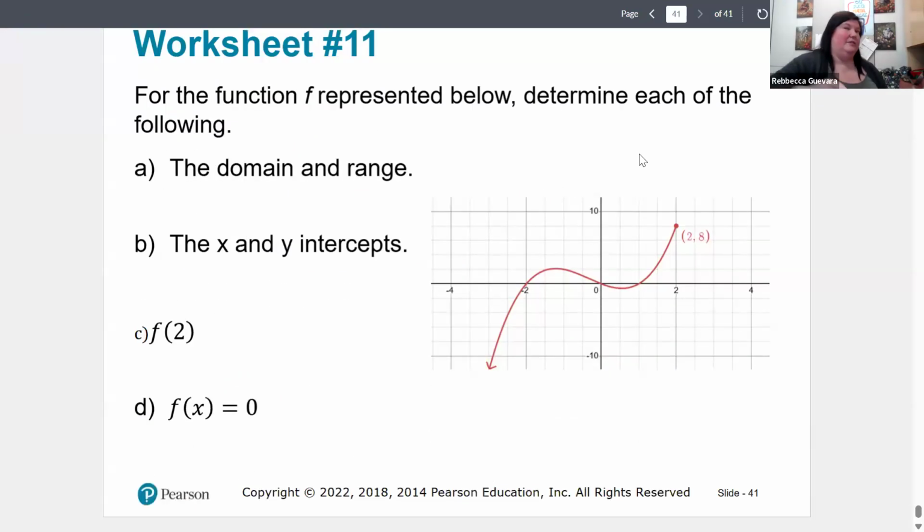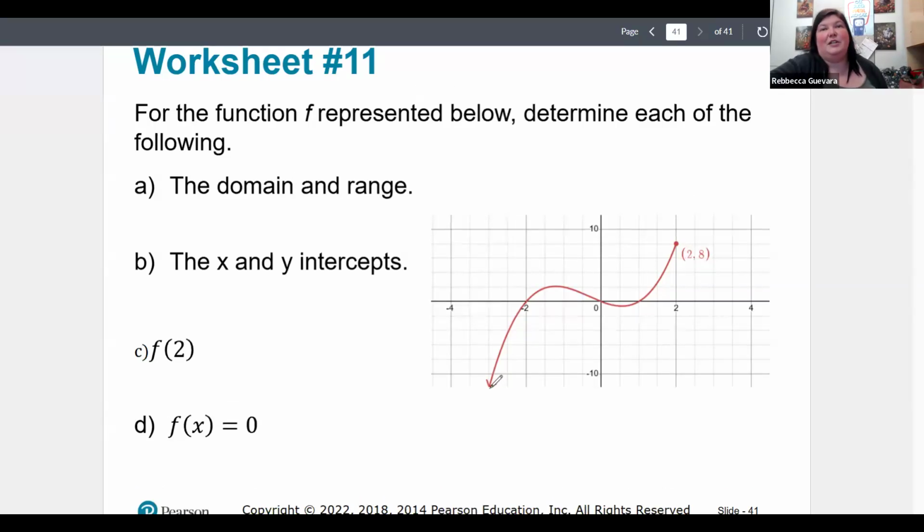Okay, and the last bit here. So domain keeps on going forever in this direction. So when I'm looking at my domain, this keeps going this way, which means I keep getting y values. So my y values keep on going this way. They're getting more and more negative. So we're going from -infinity.